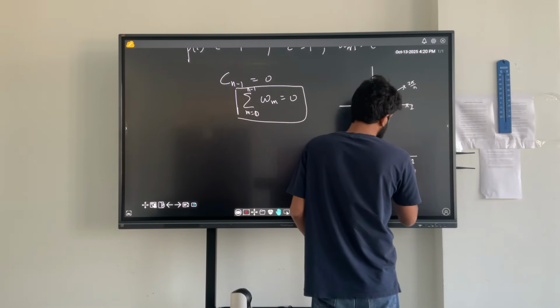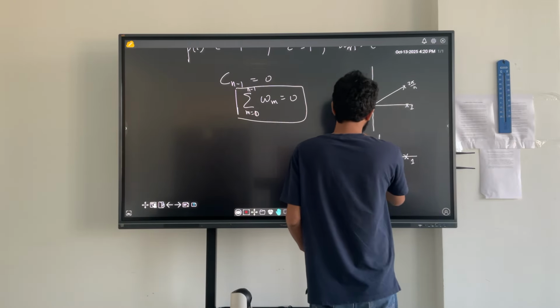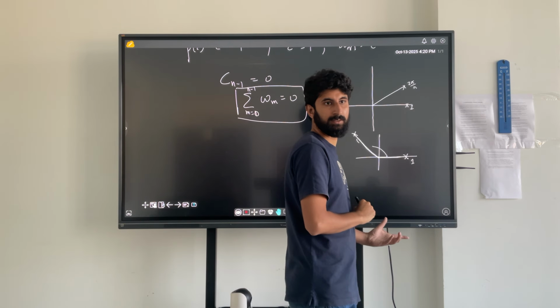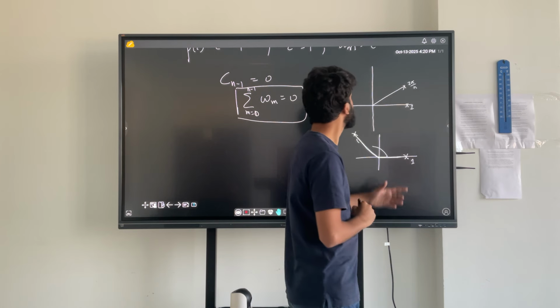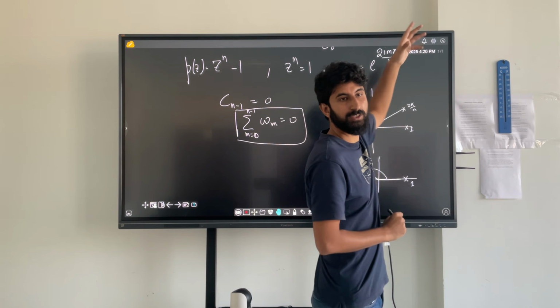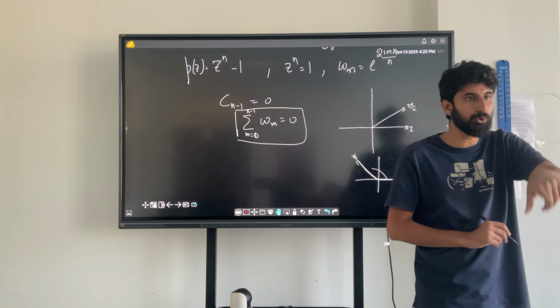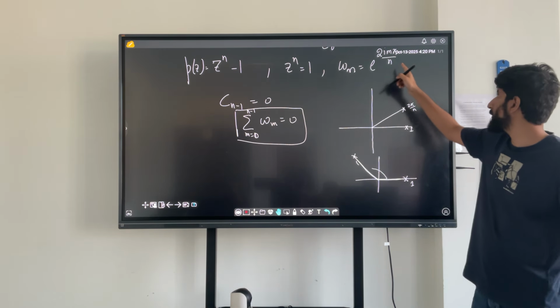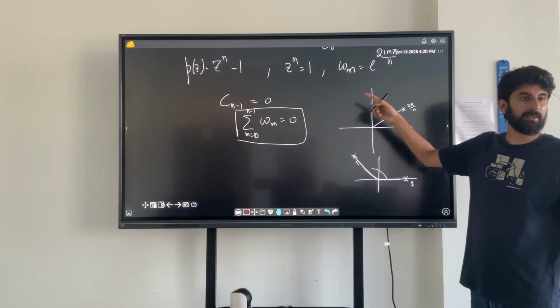This is one, this is the second. What about the third one? m is 0, 1, and 2, so it is 4 pi by 3.